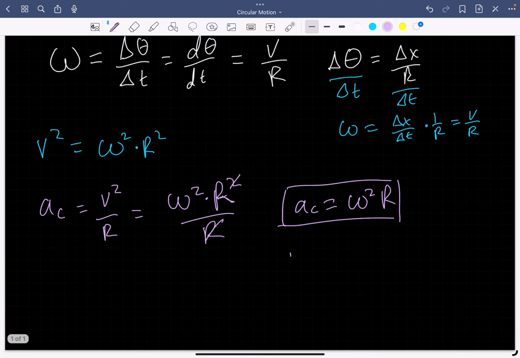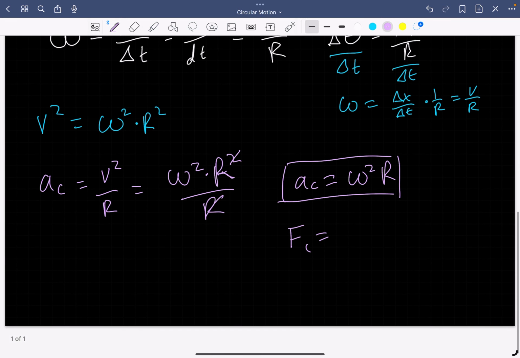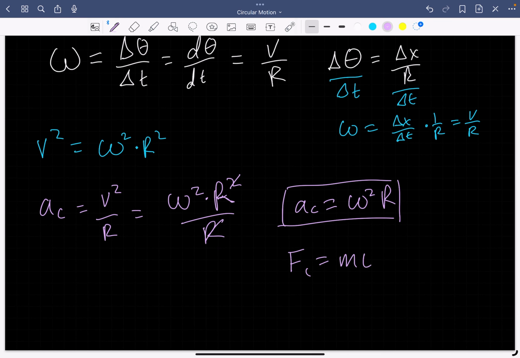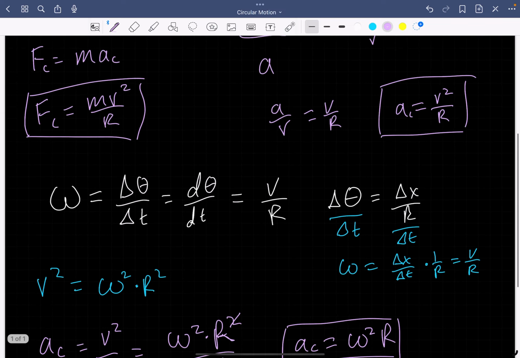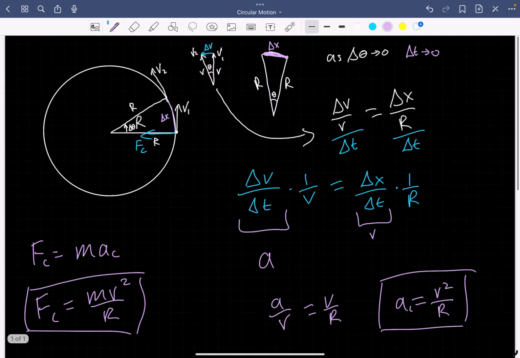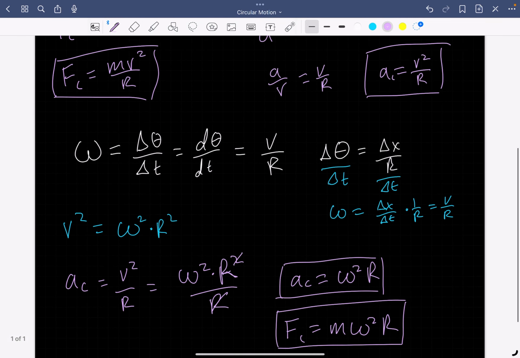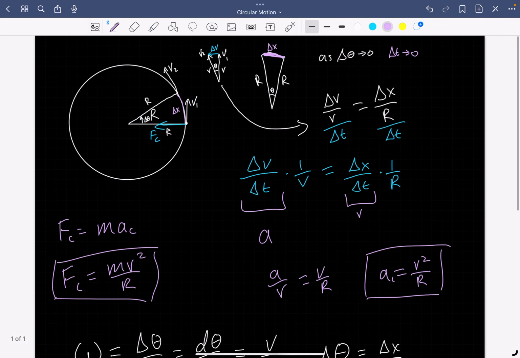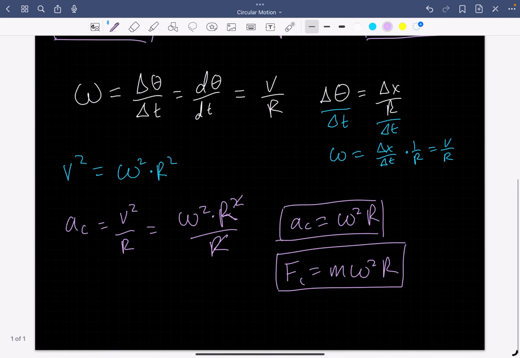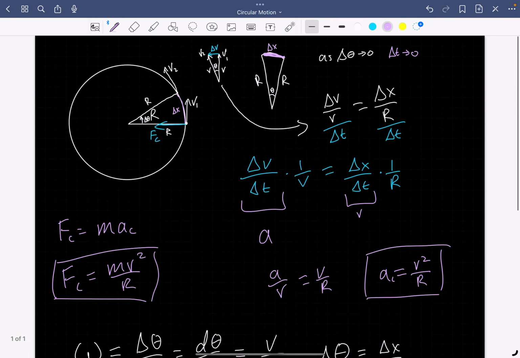And then that also gives us that the centripetal force of an object in circular motion is equal to mass times omega squared times the radius that it's traveling in. So this is a way to derive the formula for centripetal acceleration and centripetal force depending on whether you're given the radius and the instantaneous velocity or the speed of the object, or if you're given the radius and the angular velocity of the object.